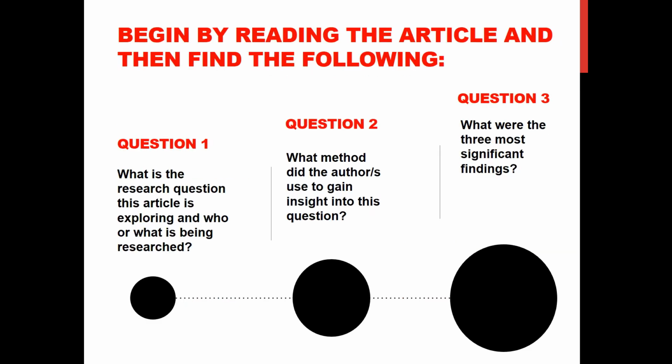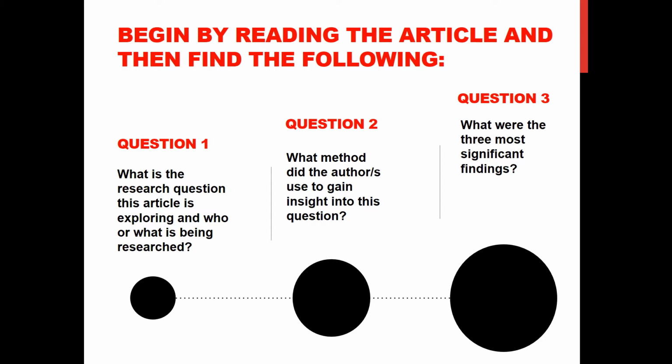Okay, so the first thing you want to do is begin by reading the article. As you're reading the article, what I would like you to do is basically take note of the following three questions. So the first question is, what is the research question or focus this article is exploring, and who or what is being researched?